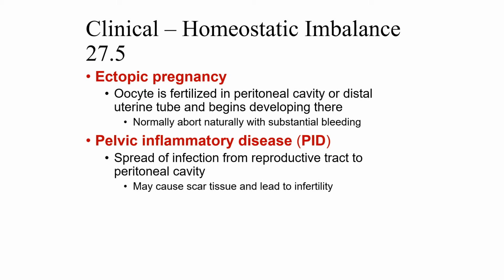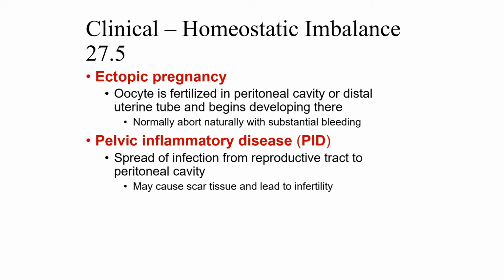So the oocyte is fertilized either in the peritoneal cavity, not good, and it implants someplace in the peritoneal cavity, or it is fertilized and it implants in the uterine tube and begins to develop there.